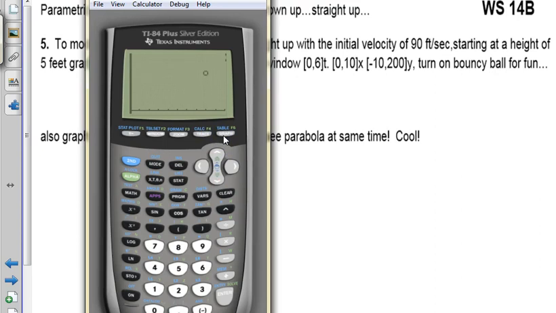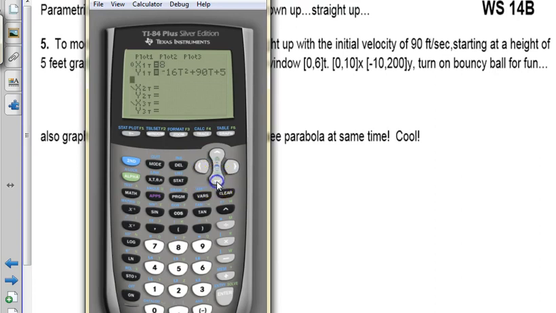What does it do as it gets towards the top? Slows down. And what does it do as it approaches the ground? Speeds up. Is that what really happens? Yes. Now, that's an actual path of a ball if we threw it straight up, and that's the speed at which it would move.